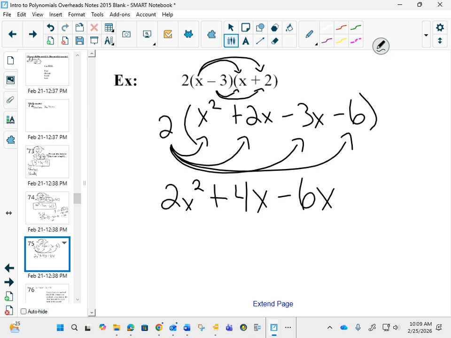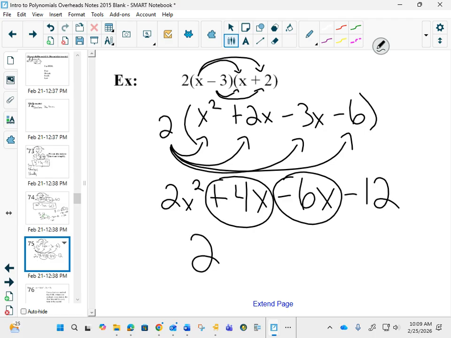Perfect. Positive times a negative, 2 times 6. We get the same. Are we done? No. Like terms. Leaving me with 2x squared minus 2x minus 12.